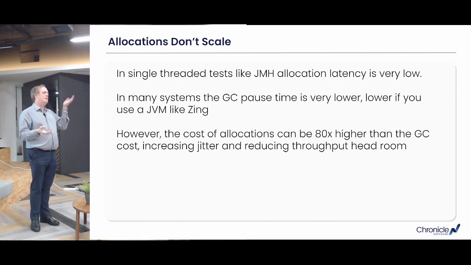So the cost of allocating is 80 times higher than the cost of actually pausing itself. So tuning the pause reduces jitter, and that shows up in your metrics. It's something you record, but the cost of allocating can be much, much higher. And even a small number of allocations can make a big difference, at least to a benchmark. And it won't necessarily affect your application, but what it will do is affect your ability to handle high load or bursts of activity.